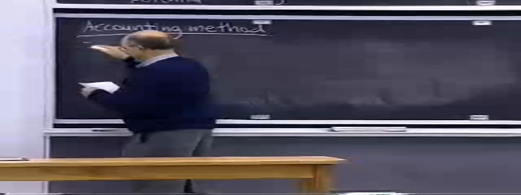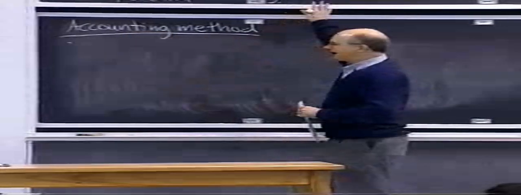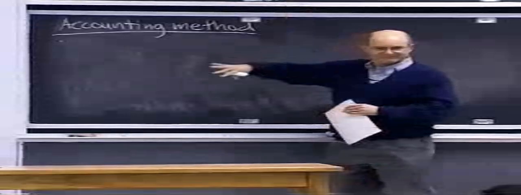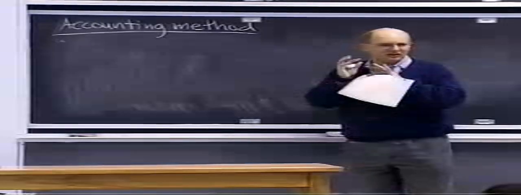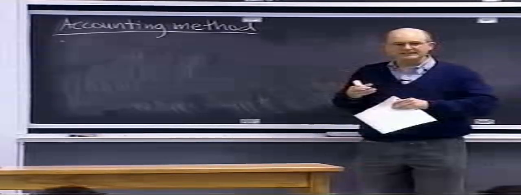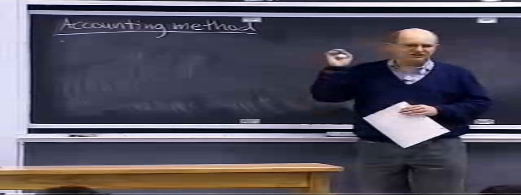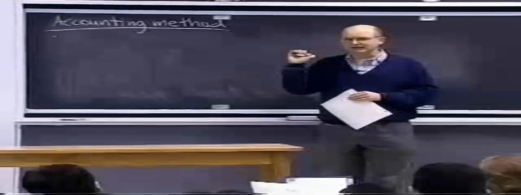So the whole idea here is we're going to start out where we ended up in this analysis. We ended up saying that each operation on average costs order 1. So let's charge each operation some fictitious amortized amount.